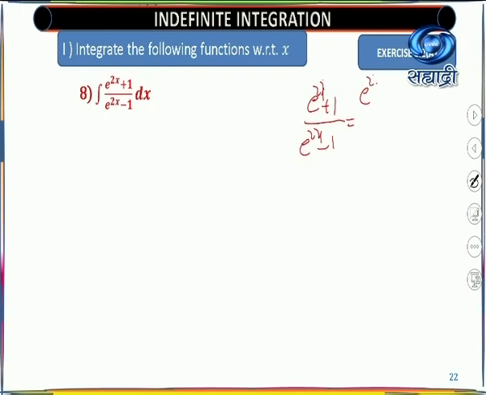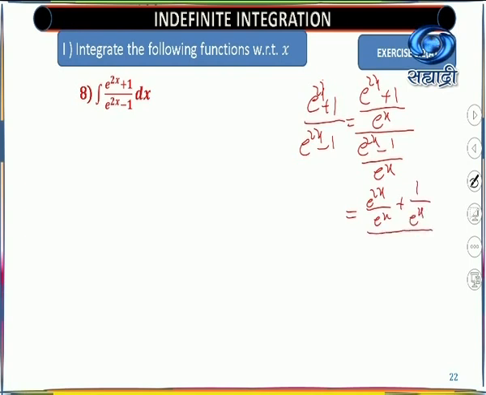So that we'll get e raised to 2x plus 1 upon e raised to x, divided by e raised to 2x minus 1 upon e raised to x, which is equal to e raised to 2x upon e raised to x plus 1 upon e raised to x, divided by e raised to 2x upon e raised to x minus 1 upon e raised to x.